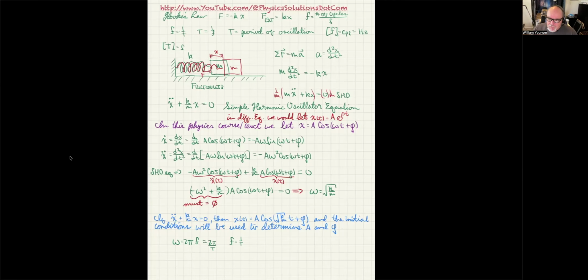So if we were to actually do that, then our initial conditions would be that at t equals 0, x is equal to a. So that's one initial condition. You could plug that into the equation, x is equal to a times the cosine of the square root of k over m times t plus phi, and plug in t equals 0, and you get a is equal to a cosine of phi.